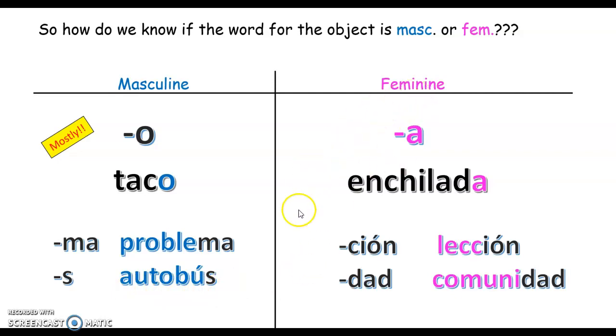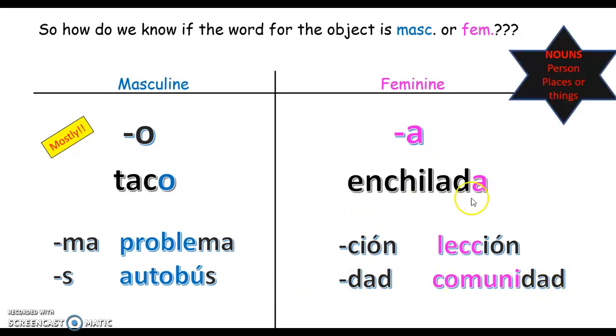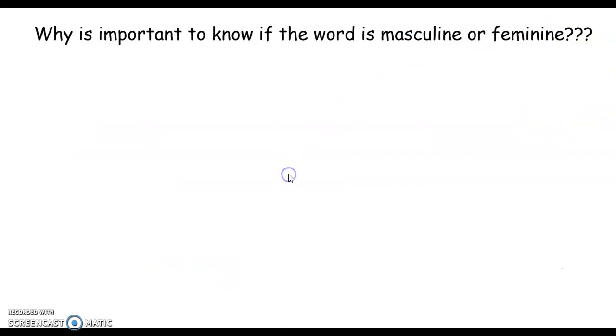Words that end in ción are always feminine, and dad, D-A-D, like comunidad. Those are also feminine. Sometimes it's T-A-D, like ciudad or libertad. So just know that those are also feminine. And remember, these are only referring to nouns, persons, places, or things.